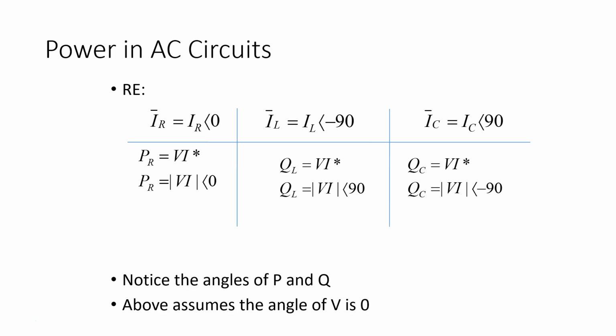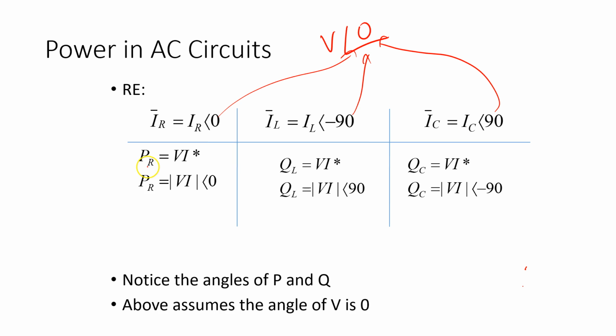So, just to summarize some more, since we had different things with angles, for a resistor, assuming we have V angle 0, the current will be IR angle 0, which is the same as the voltage. For an inductor, the current lags by 90 degrees, and for a capacitor, the current leads by 90 degrees.